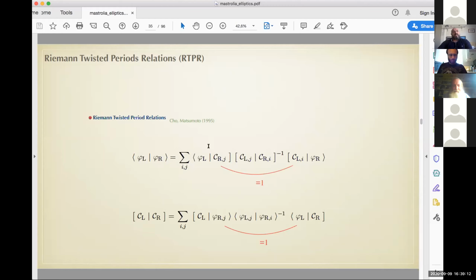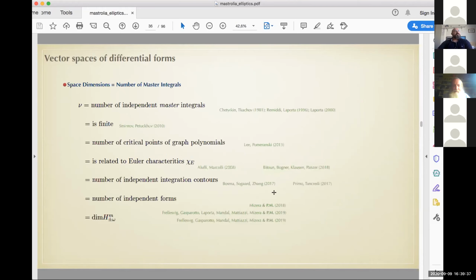You can see that on the right hand side of this identity there are integrals and dual integrals, and therefore the identities that we obtain, known as Riemann twisted period relations, are indeed quadratic relations for integrals.